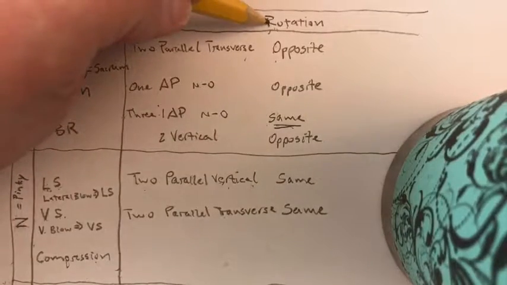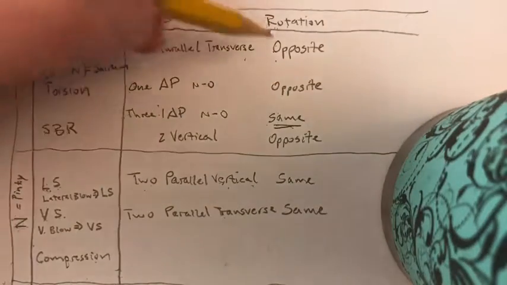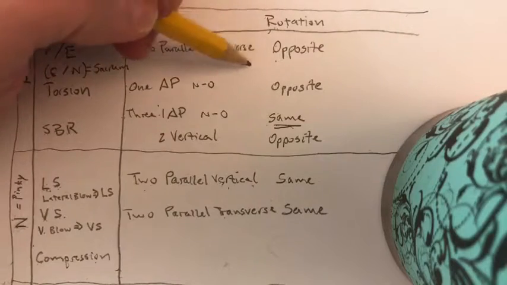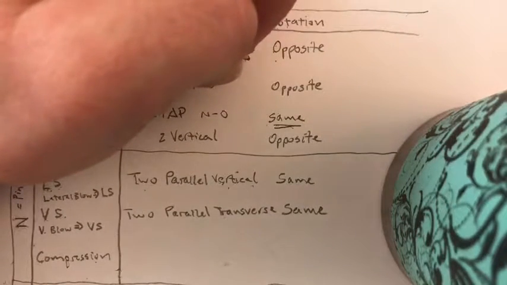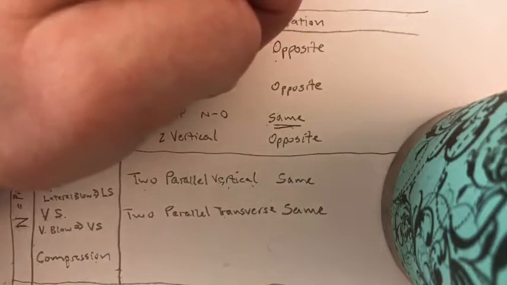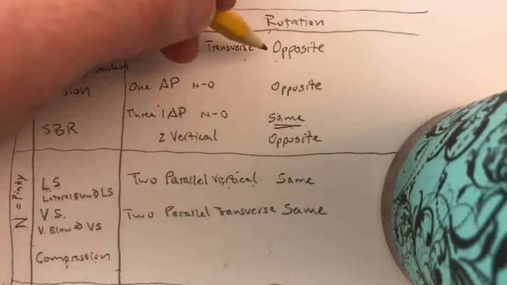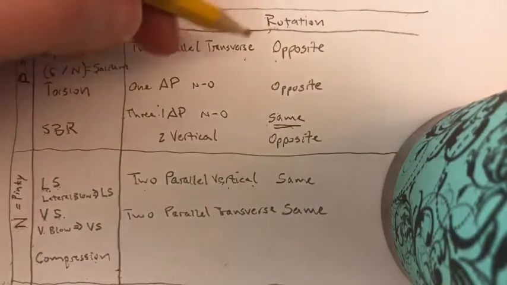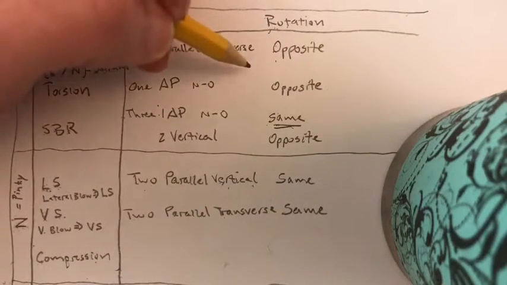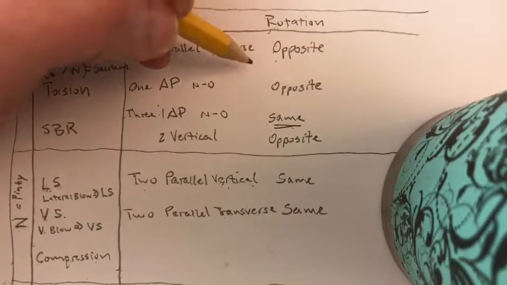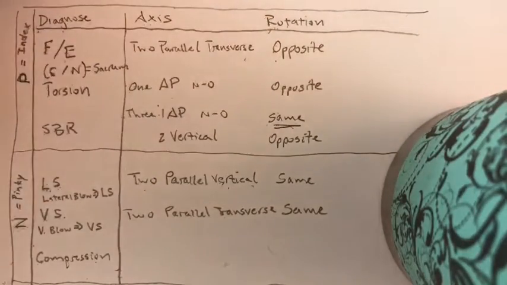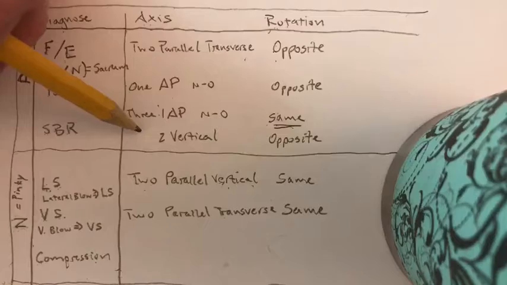Now, for the rotation column, you should remember that the way you want to read this is that sacral motion would be opposite of the occipital motion. So the sacrum rotates opposite the occiput, and this works.